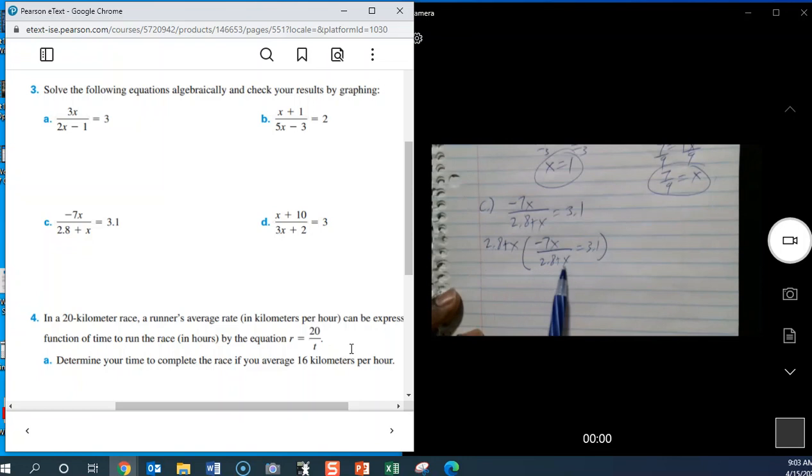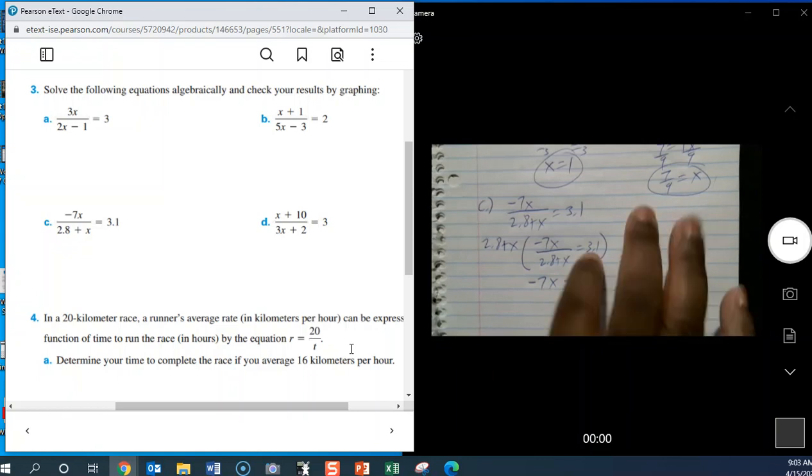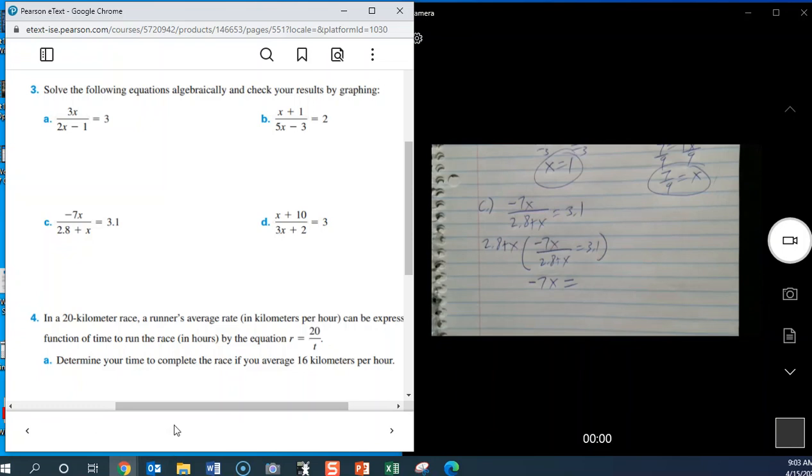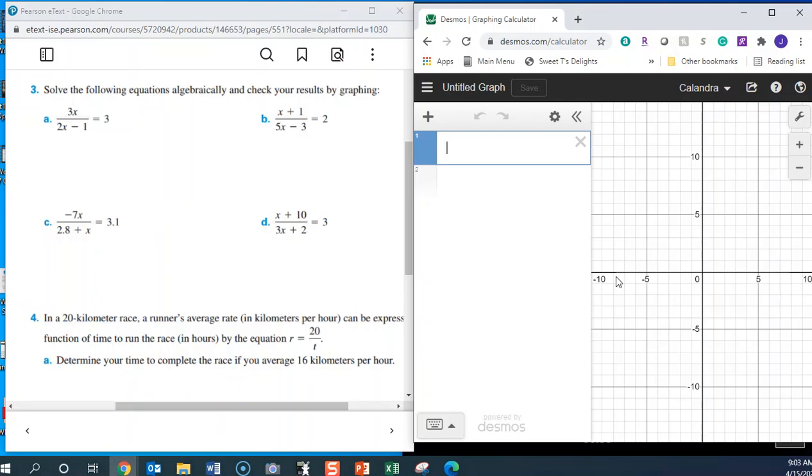The 2.8 plus x's will simplify out, and that leaves you negative 7x. Now that is equal to 3.1 times the 2.8. We can use our calculator. Let me get the calculator. So we take 2.8 times 3.1, and that gives us 8.68.